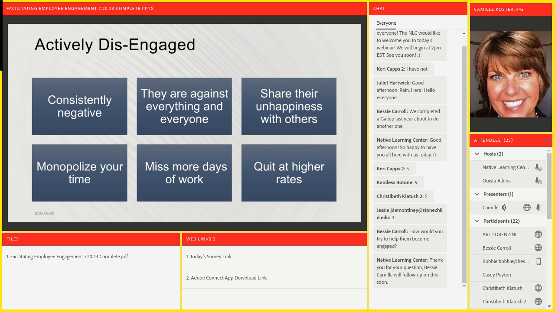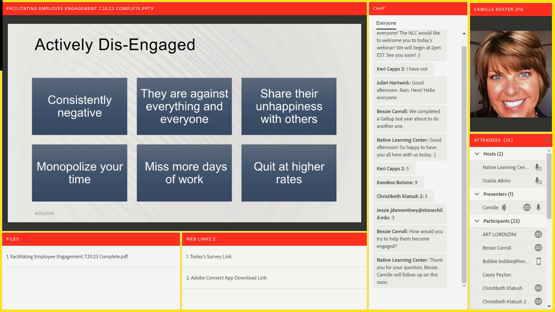We'll talk about that in the end, what you can do a little bit more. But statistically, it shows that taking someone from actively disengaged to an engaged employee is a huge task, huge task.